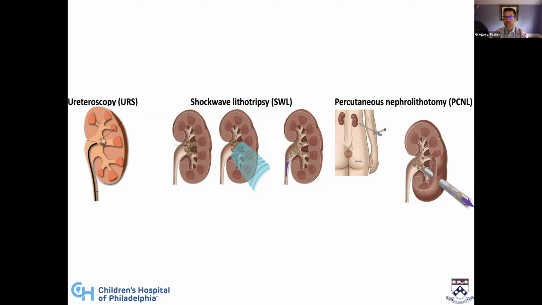And the final procedure is called percutaneous nephrolithotomy, or PCNL. And that's a minimally invasive procedure in which a small incision is made in the flank. It can be anywhere from a couple millimeters to a centimeter or so. And a scope is inserted directly into the kidney to remove the stones through a sheath.